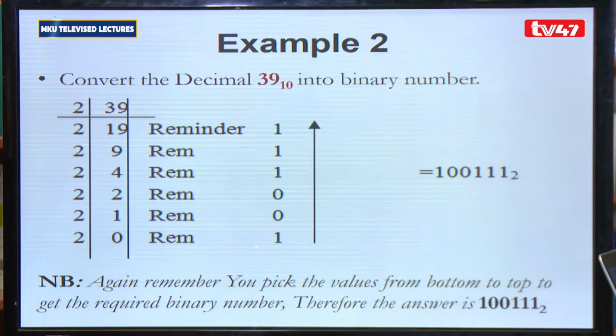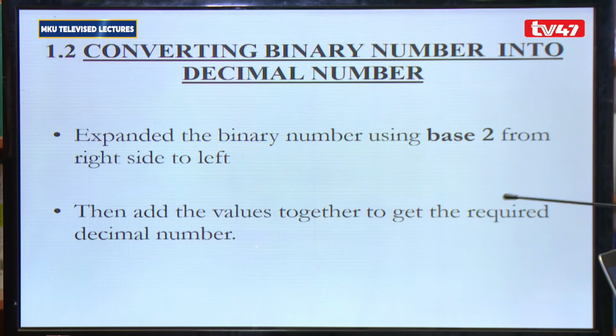Now, how does the computer convert this binary into decimal so that it can be represented on the computer in a way that you can understand? So let's look at how we can convert binary back into decimal. That's our second conversion.